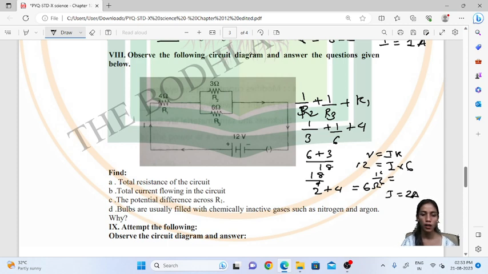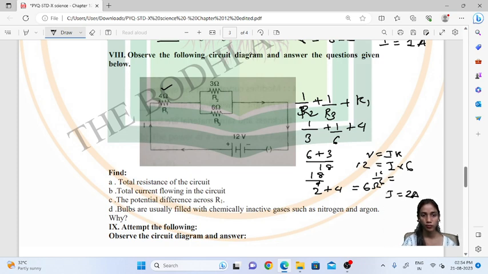Okay, now the next is the potential difference across R1. Now what is R1? R1 is 4 ohms. Now we know that in series the current is the same and the potential difference is different. So what will be the potential difference? It will get divided among all these three, V1, V2 and V3.